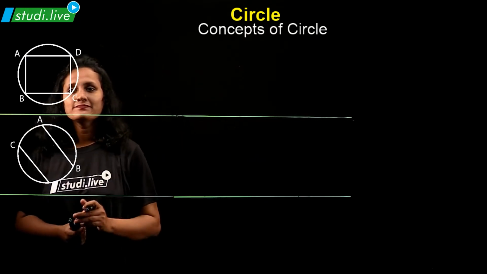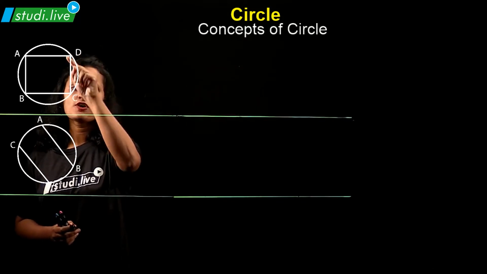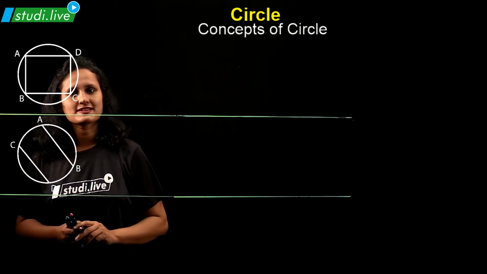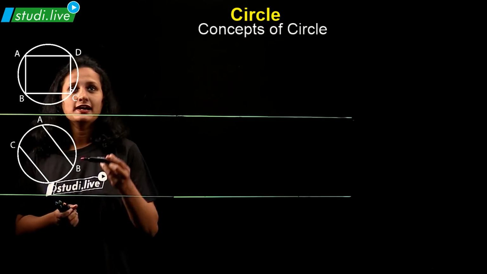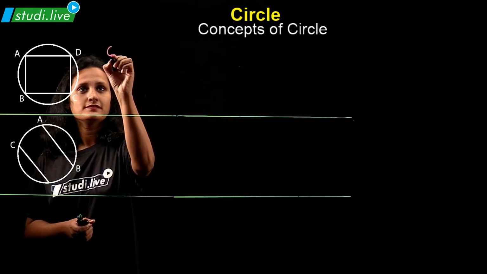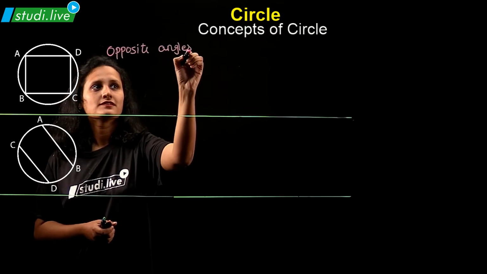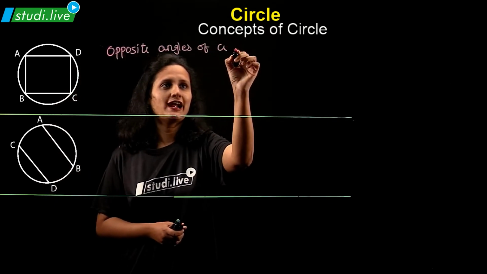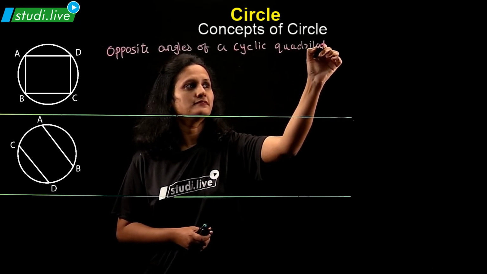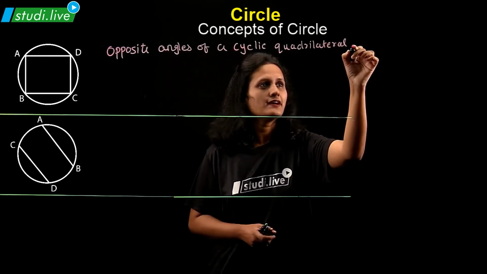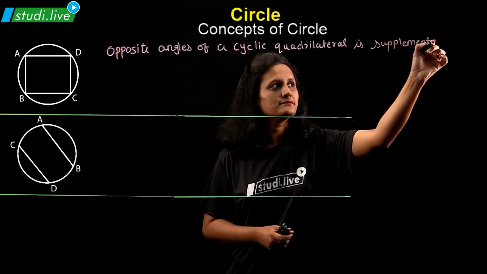Now in the next diagram, ABCD is a quadrilateral and vertices of ABCD are on a circle. Means quadrilateral ABCD is a cyclic quadrilateral. Then we have one theorem based on cyclic quadrilateral, that is opposite angles of a cyclic quadrilateral are supplementary.